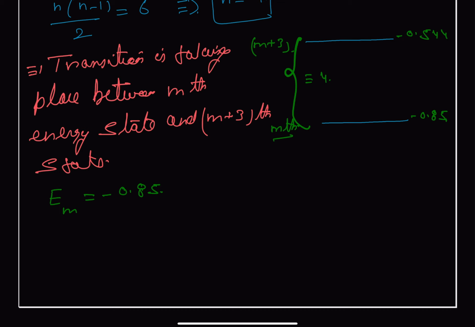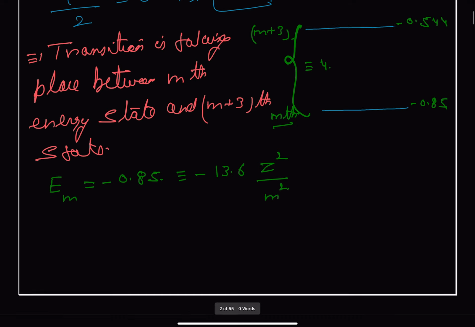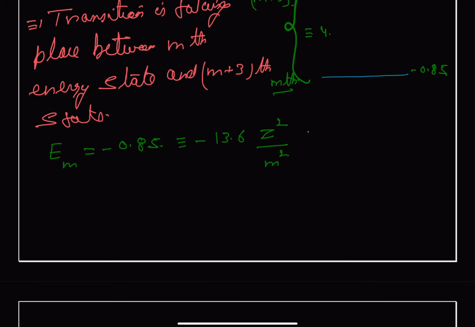The general formula we also know is minus 13.6 z square over n square, and in this case n is replaced by m, so it will be m square. From here we can easily find the ratio of z upon m, and that ratio of z upon m will be equal to 0.25.